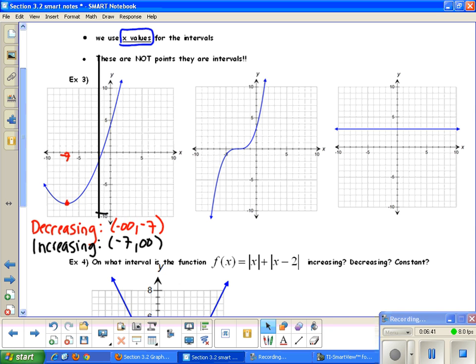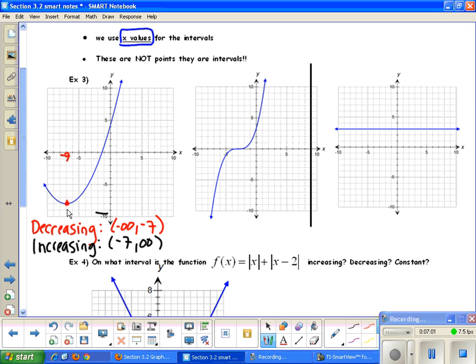If we look at the next graph, you're going to do the same thing. As I move from left to right on my graph, so as my x values are increasing, what are my y values doing? Now notice that your y values appear to be increasing over the entire interval. It's hard to tell what's happening right around here in the middle, but to me it appears that they are increasing.